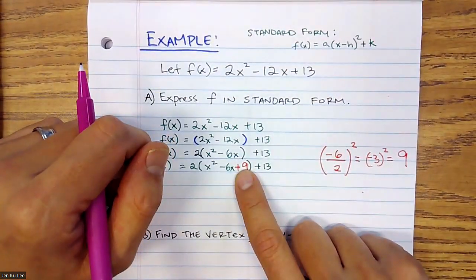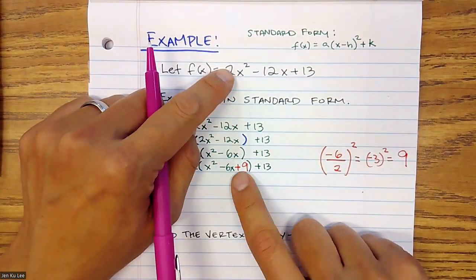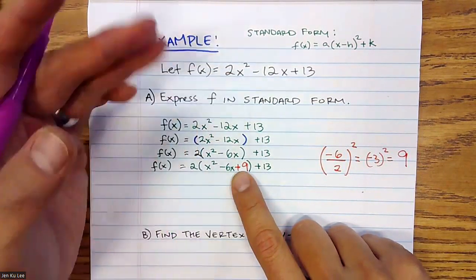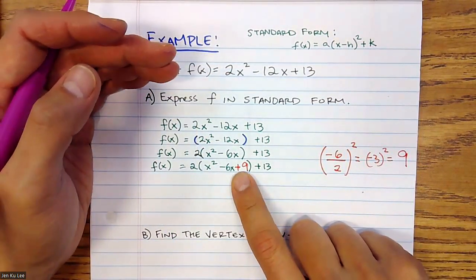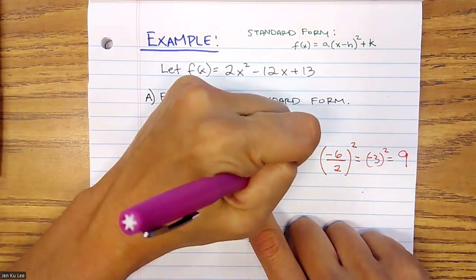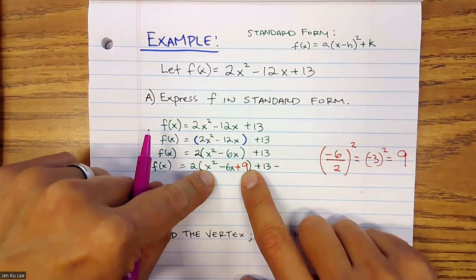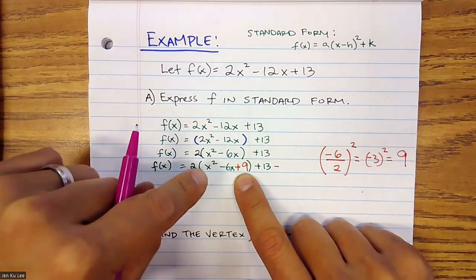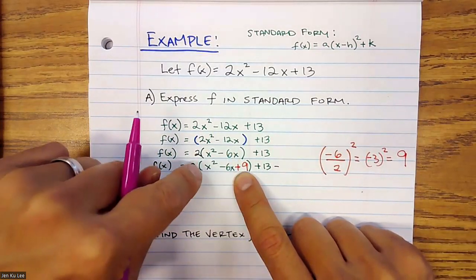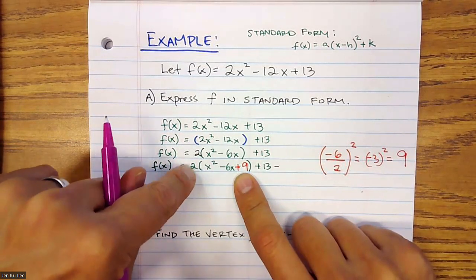Okay. Because I changed the whole equation by adding 9 here, I'm going to have to tip it back. So since I added, I'm going to subtract. But what is the total value that I actually added? I added 9 here inside my parentheses. But look what the number is on the outside of the parentheses. It's a 2, right?